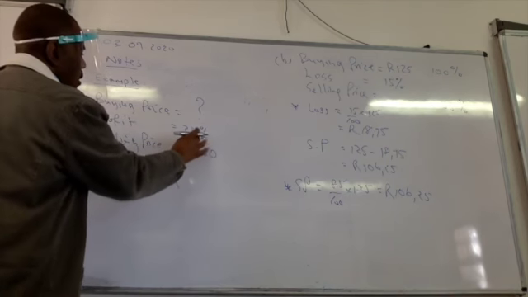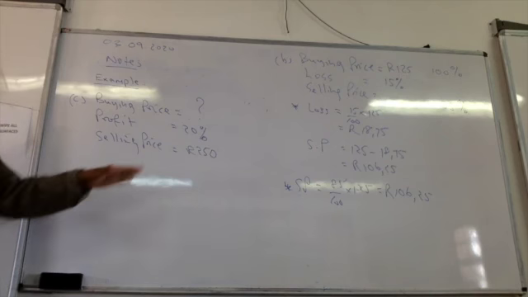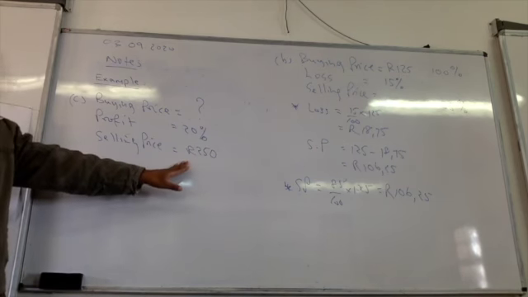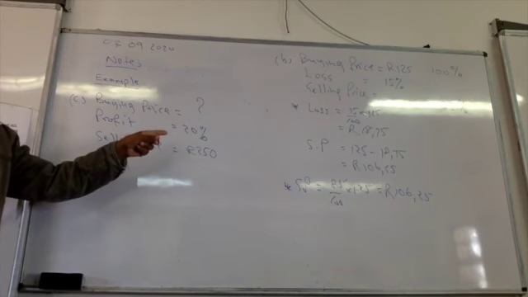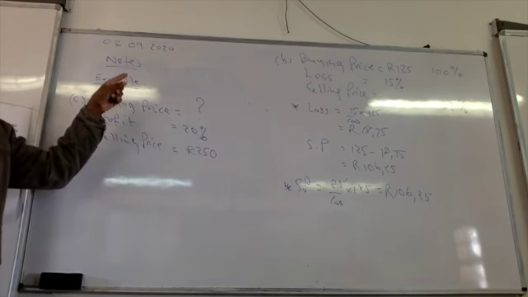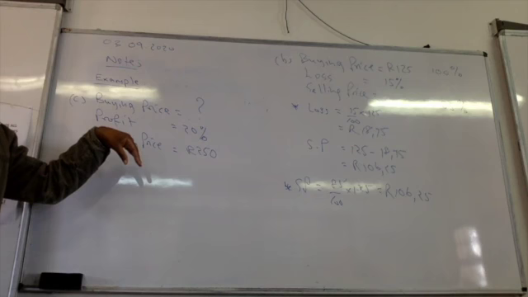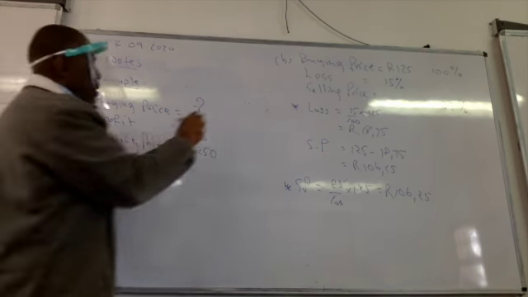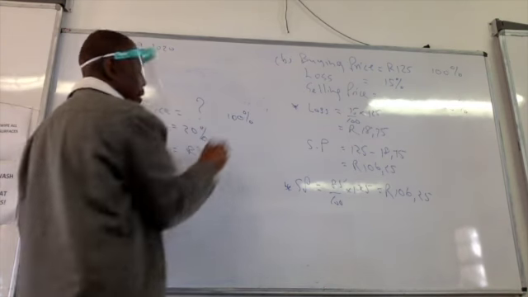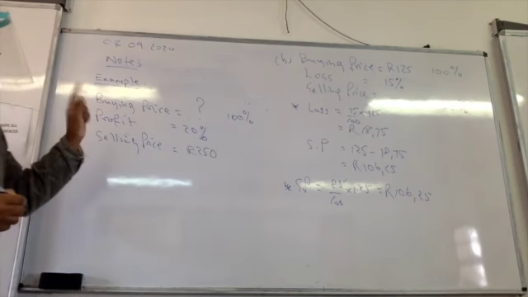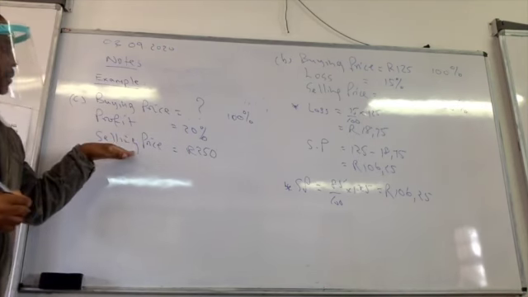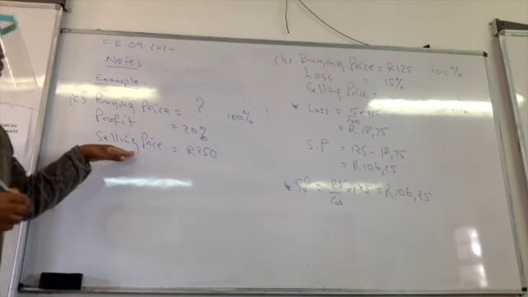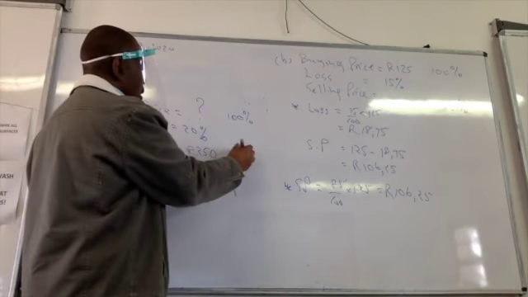So how much did he buy it for? Think carefully: the buying price is always 100%, so if the buying price is 100%, then this selling price should be 120%.